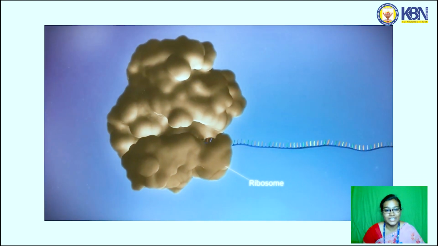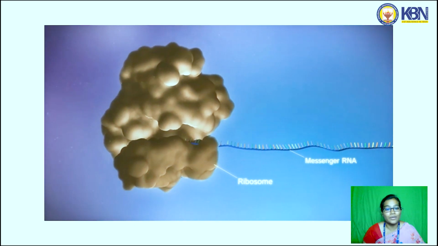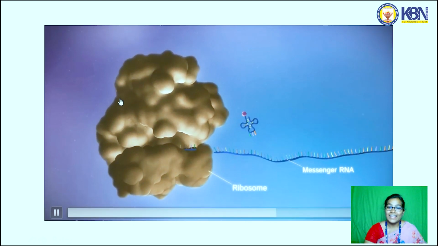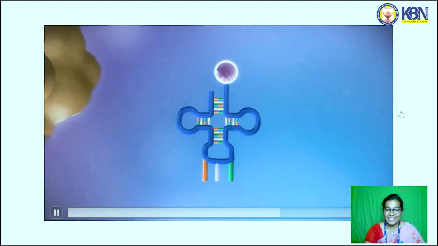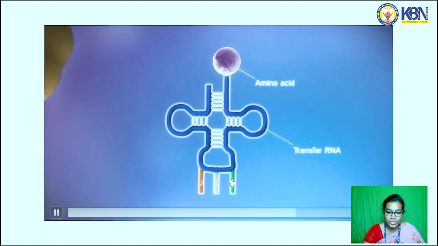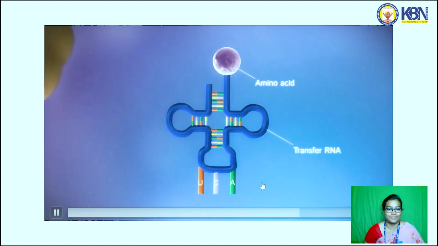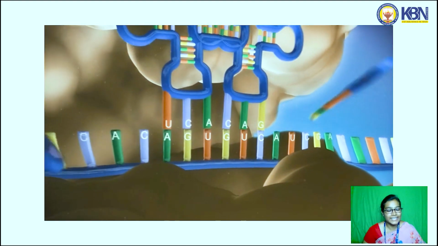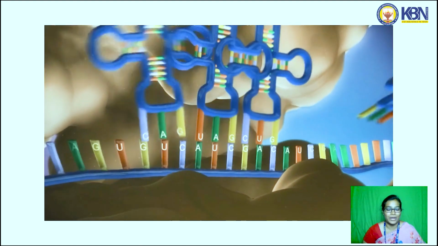Ribosome comes and attaches smaller subunit first, larger subunit later, and then comes the tRNA, which carries an amino acid. The tRNA has anticodon sites. These are the anticodon sites. You see it? Yes. It comes and reads 3 at a time, adds 1 amino acid.